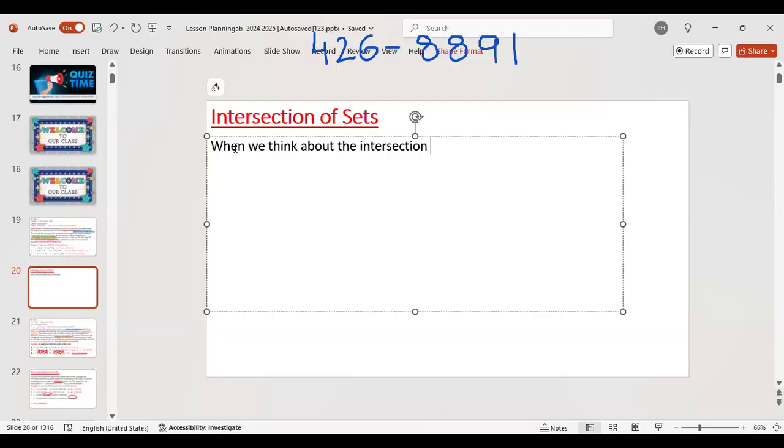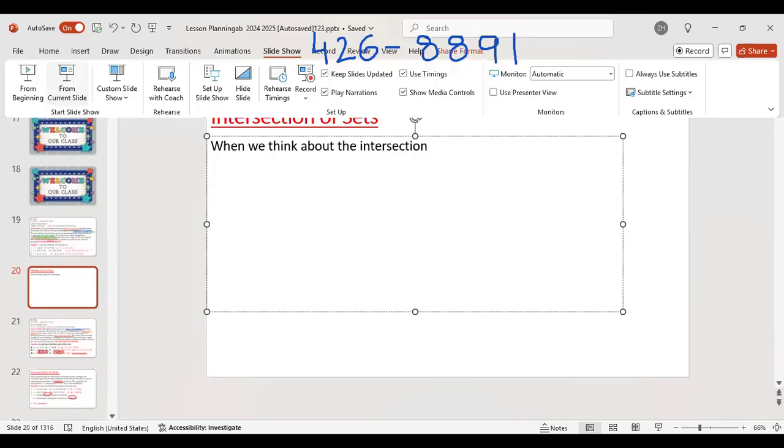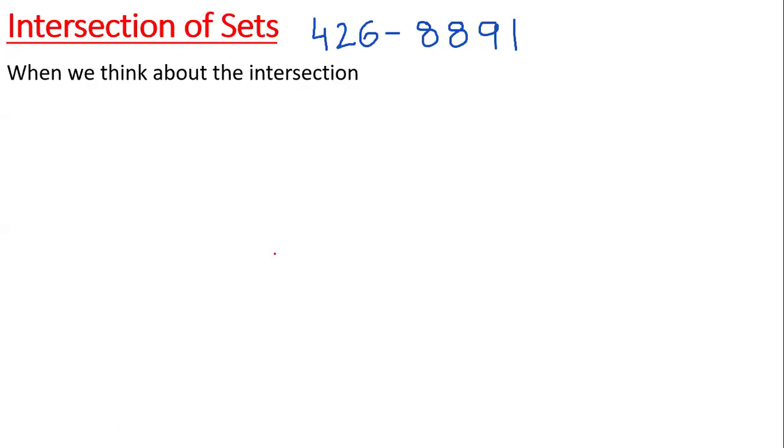When you think about the intersection, for example, let's say you are at the light, and you have this road, and then this road, and you have this road.